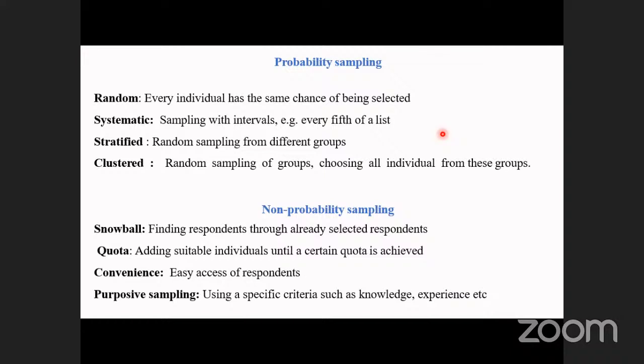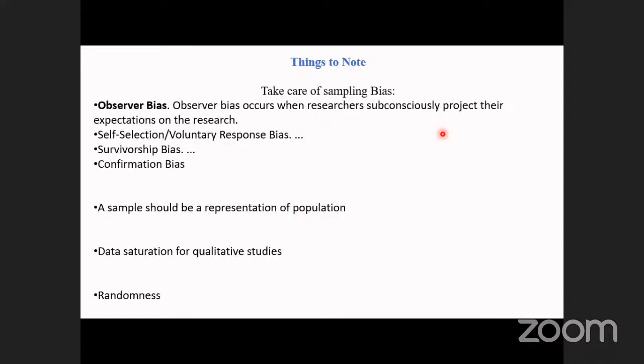So now, having discussed population and the different sampling techniques, it is important to take note that researchers must avoid being biased, either in their design, their data collection approach, or their sampling approach. So you must make sure you avoid bias. This is what we call bias as a researcher, right?